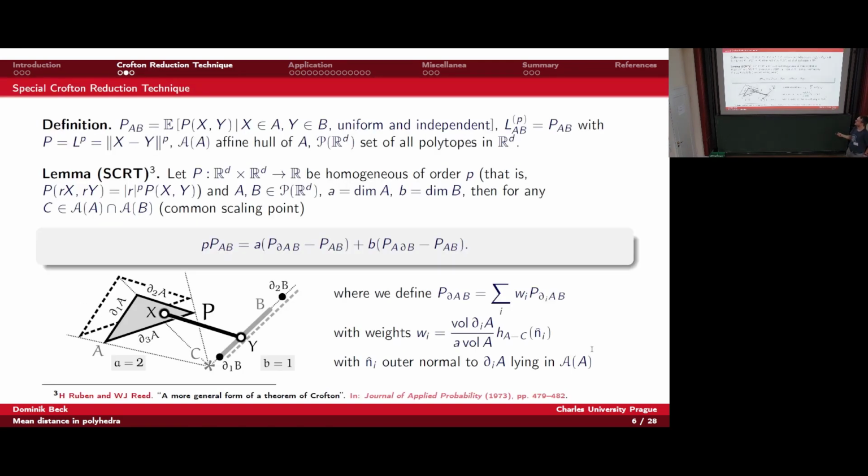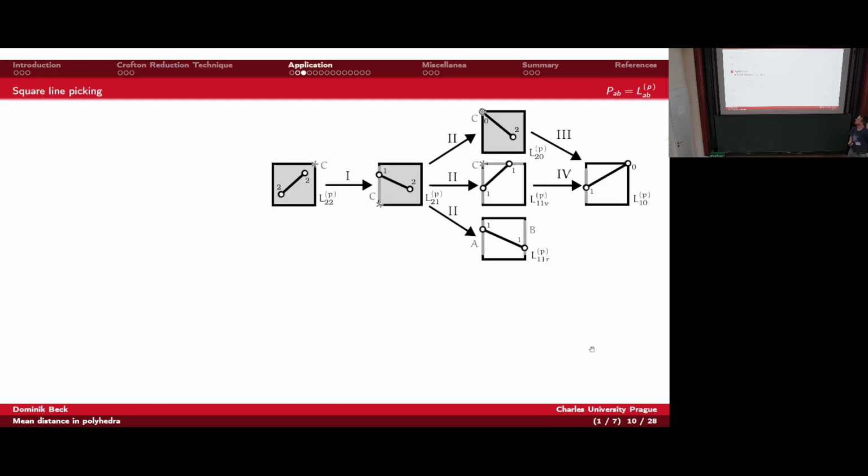The assumption is you only move the points outwards from where the scaling happens. Loosely speaking, if your scaling point C is here, the point 2 cannot be moved to the upper or the left side, only to the bottom side or the right side, which corresponds to this configuration.